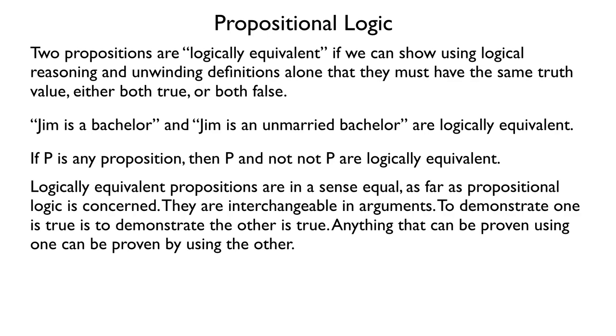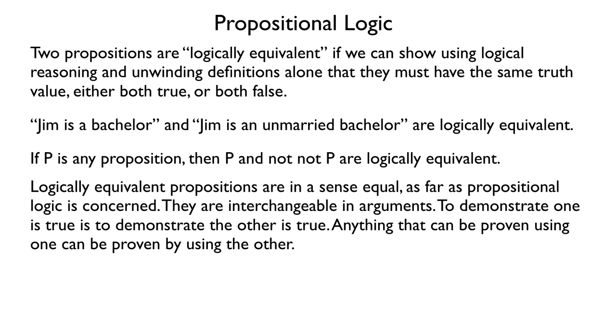Two propositions are logically equivalent if we can show, using logical reasoning and unwinding definitions alone, that they must have the same truth value, either both true or both false. For example, Jim is a bachelor and Jim is an unmarried bachelor are logically equivalent because the definition of bachelor includes being unmarried.